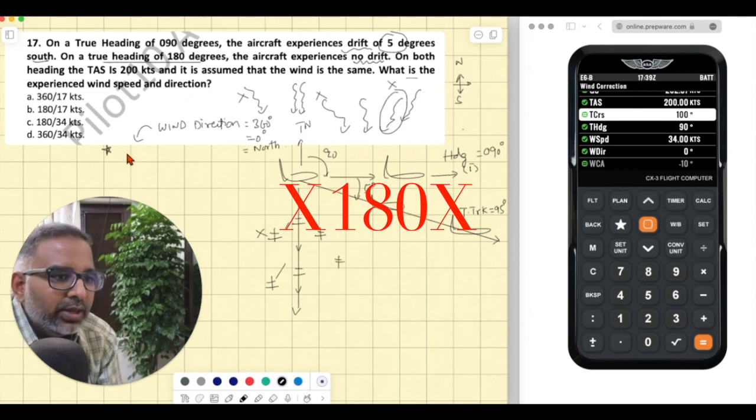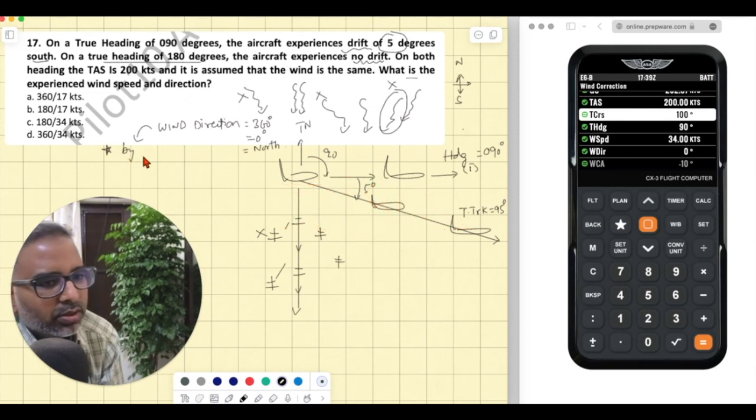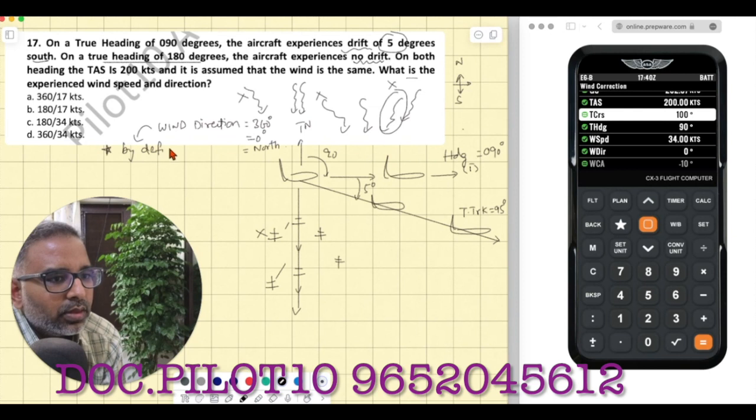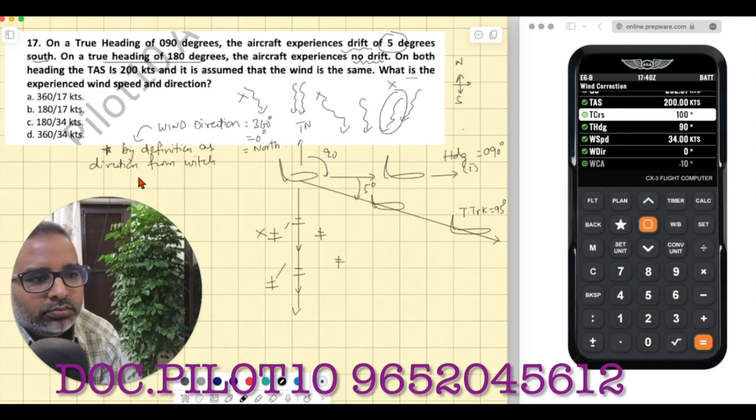No. Wind direction, by definition, this is very important, note down, is defined as the direction from which the wind is coming, not to where it is going, correct?